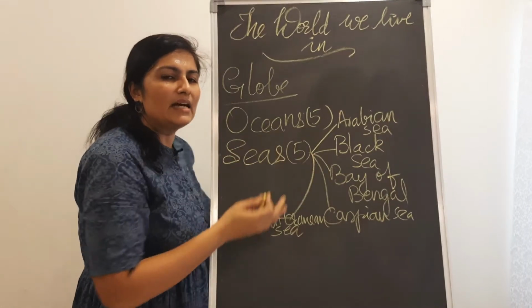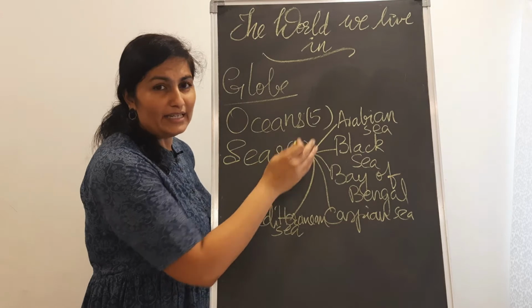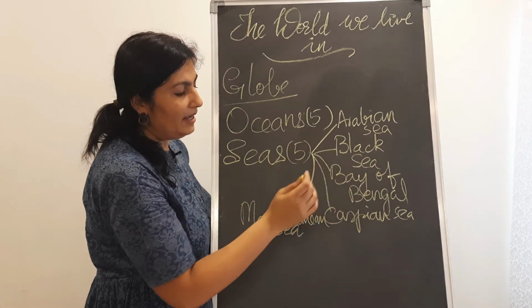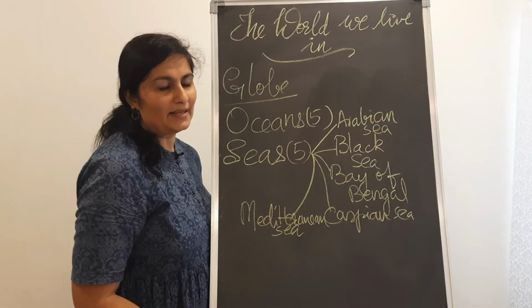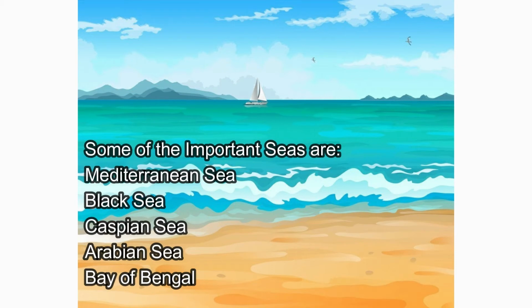So these are the 5 seas. Just for ease I put it as ABC: Arabian Sea, Black Sea and Bay of Bengal Sea, Caspian Sea and Mediterranean Sea. Now we have understood what is the blue color.